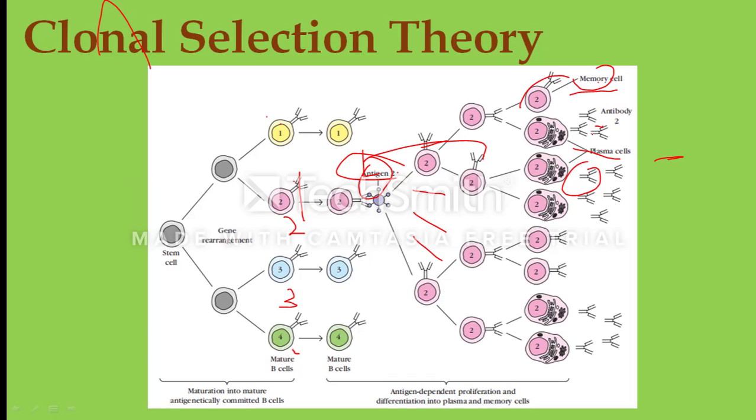When the infection is completely removed, the extra, unused plasma cells which were generated against the infection of antigen 2 will be removed by programmed cell death, or apoptosis.